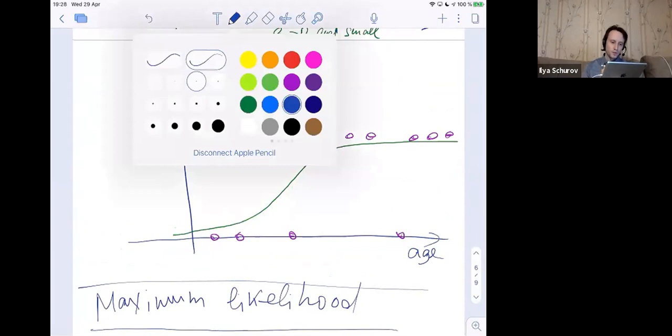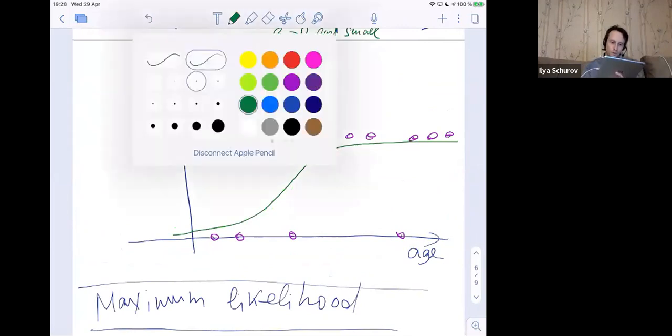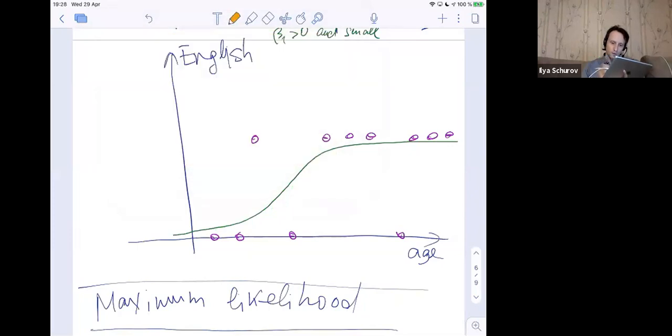Let me consider 3 possible curves. This is one curve. Okay, let me add some data points to make things more obvious. Let me put some points here and here and here.